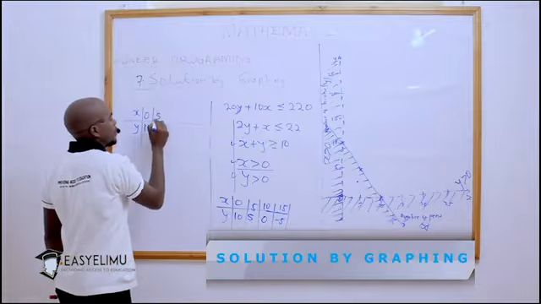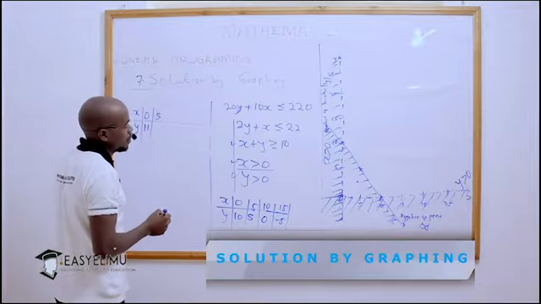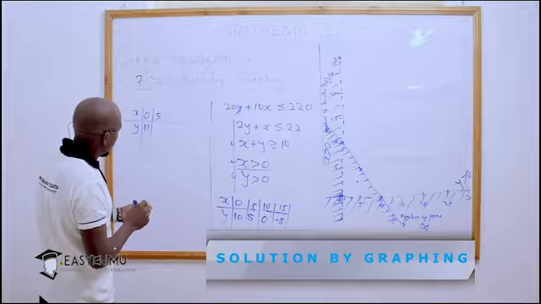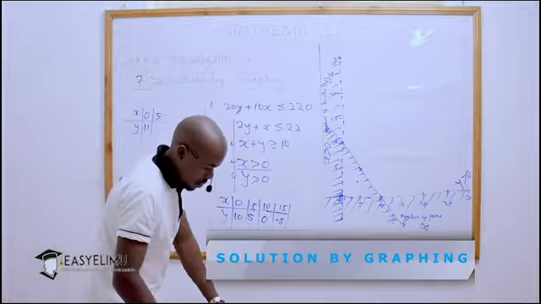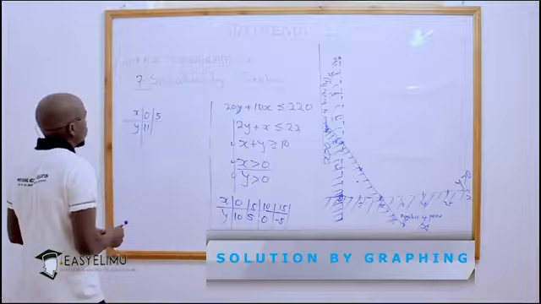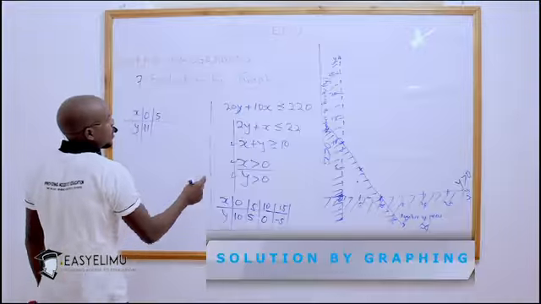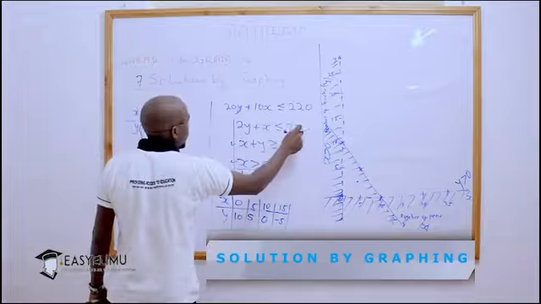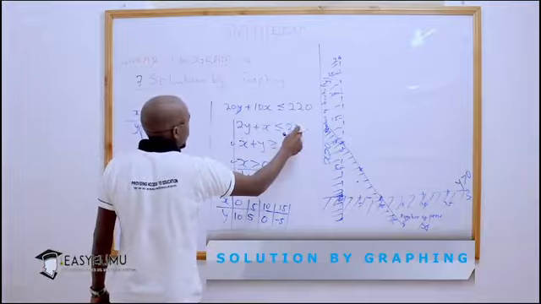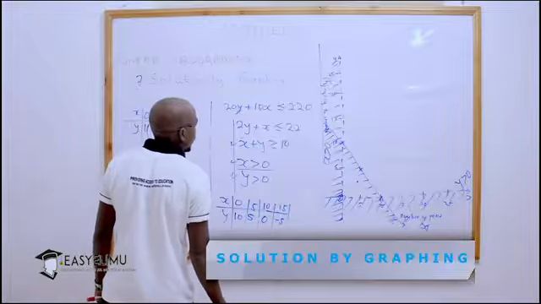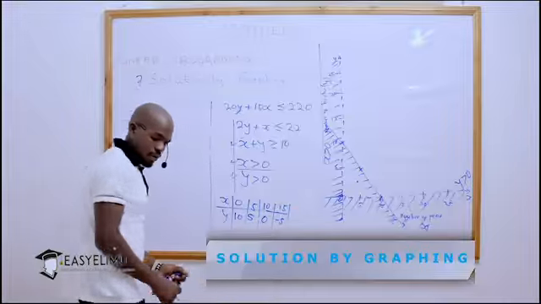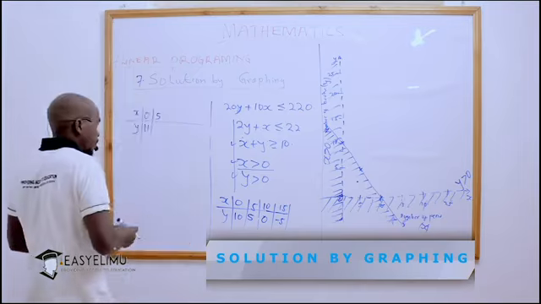If x is 5, we shall find y as what? 5, that is 17. Let me use this one to correct it well.